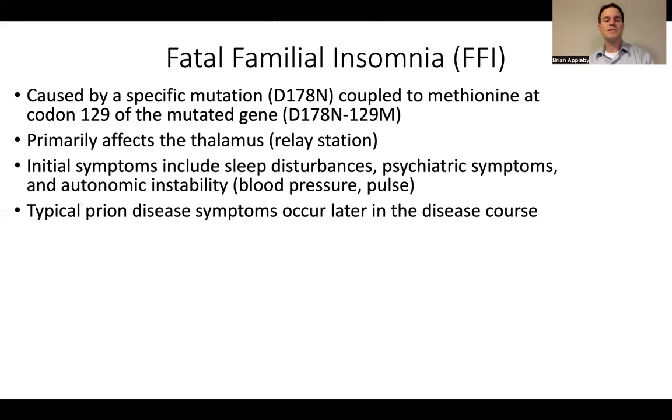And like GSS, you can get typical prion disease symptoms like dementia and myoclonus, but they typically don't occur until later in the disease course. It also tends to be a slightly longer duration than what we see with sporadic and genetic CJD, with most patients living over a year.